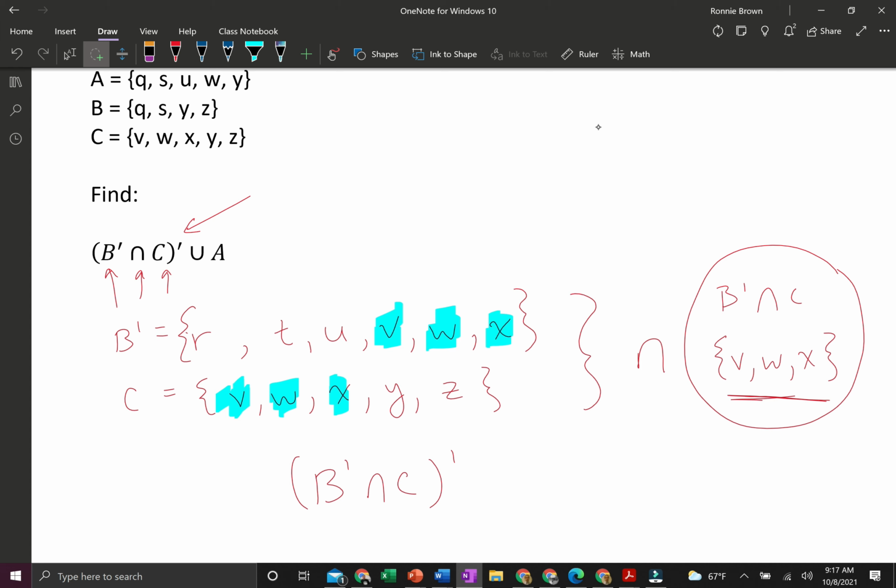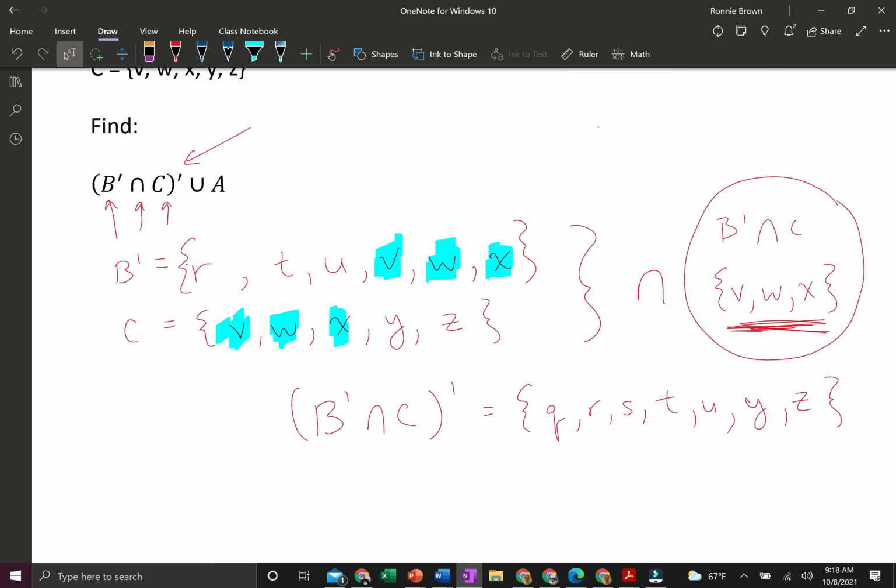So everything else is going to be Q, R, S, T, U, not V and not W, but Y and Z, right? Because we're taking the complement, so the complement is everything else that's in the universal set.